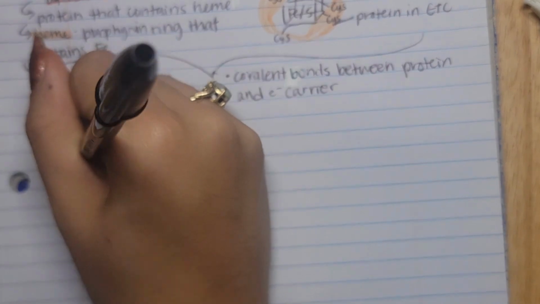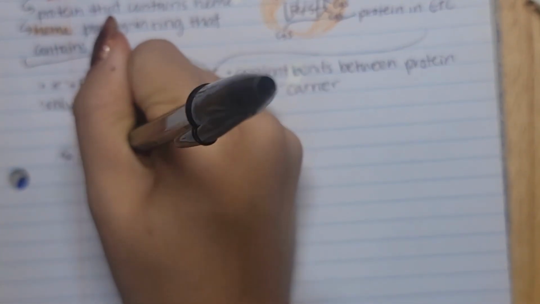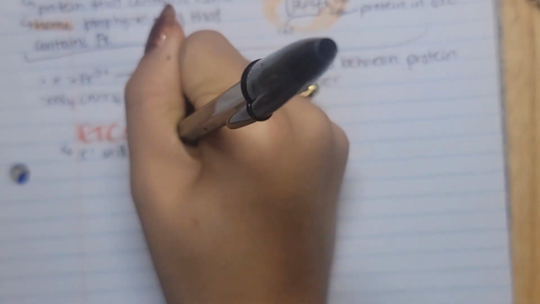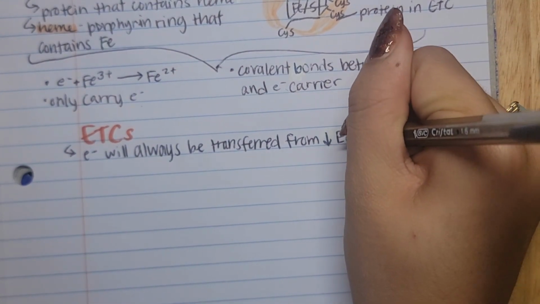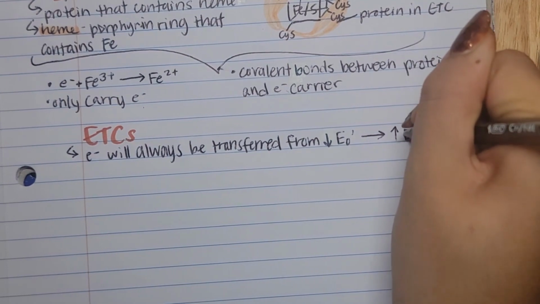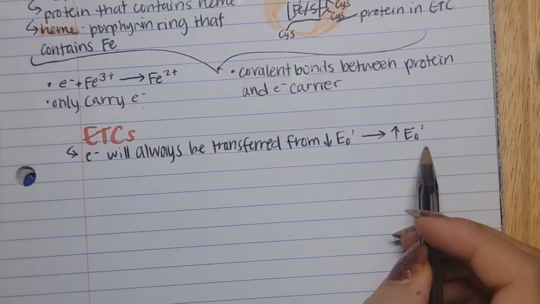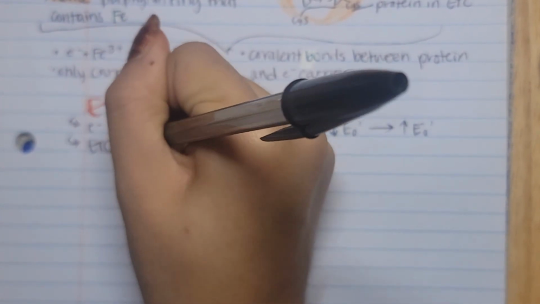So of course, electron transport chains, where reduction and oxidation is happening all over the place, electrons will always be transferred from a low standard reduction potential, or E naught, to a high E naught. So that's favorable, right? That would release energy. And then electron transport chains, they span a membrane.